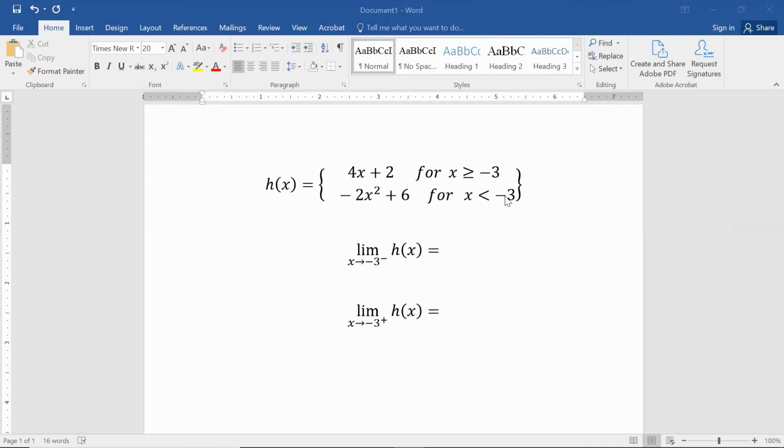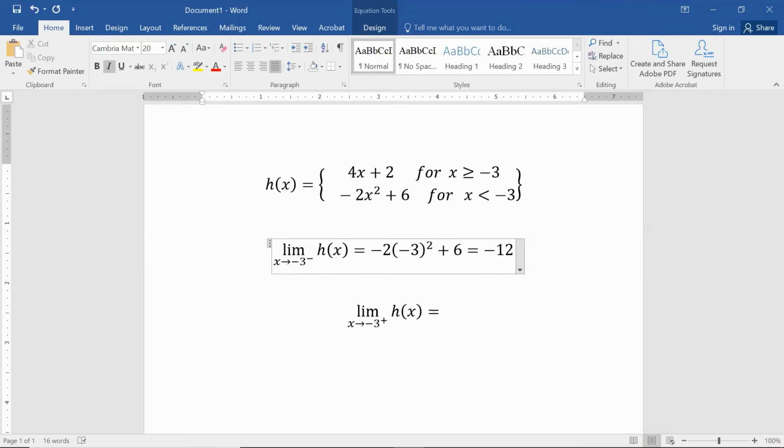So we're going to plug in our -3 into this bottom piece like we did earlier. Let me do each step. So the left-hand limit is -12.